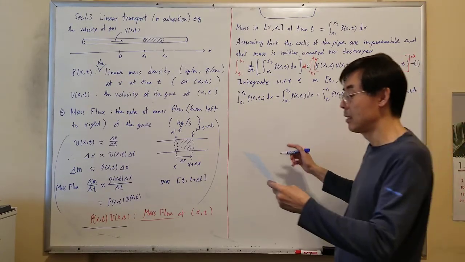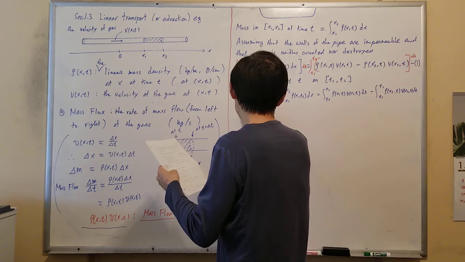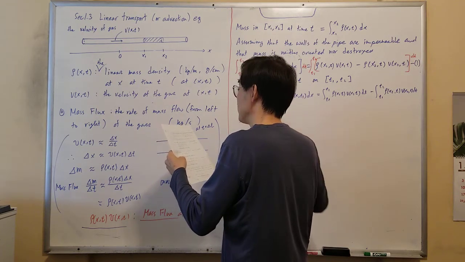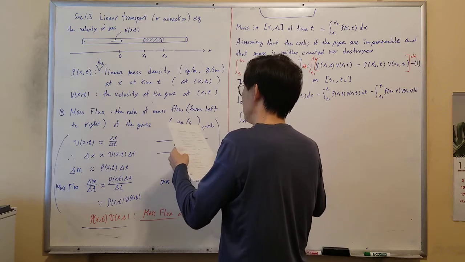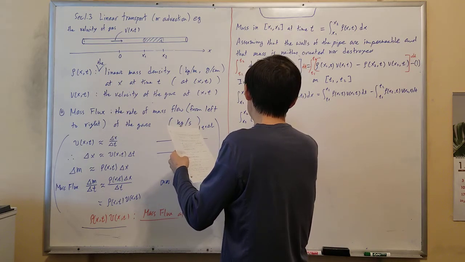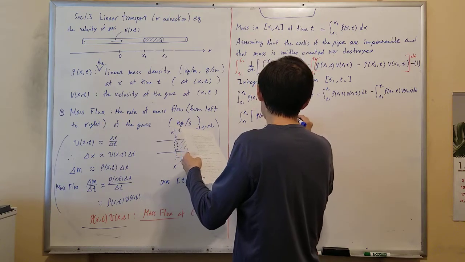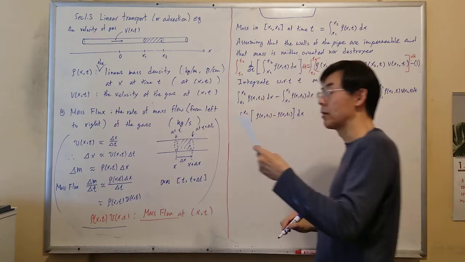Now, I can rewrite the left-hand side as the integral from x1 to x2 of rho x,t2 minus rho x,t1. Okay?